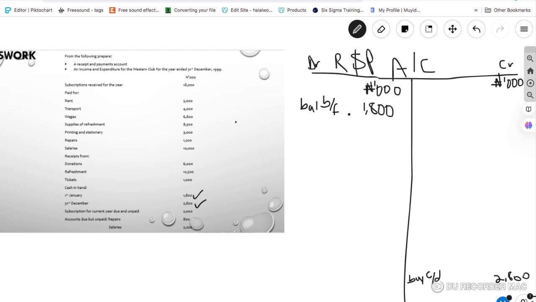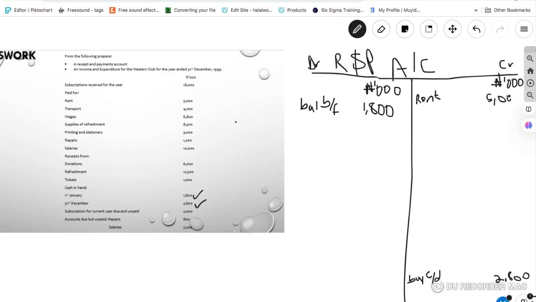So we have rent paid. We are paying rent. Let's put that here. We paid rent 5 million. Do we have any accrual for rent? No, we do not. So let's put that here, 5 million.